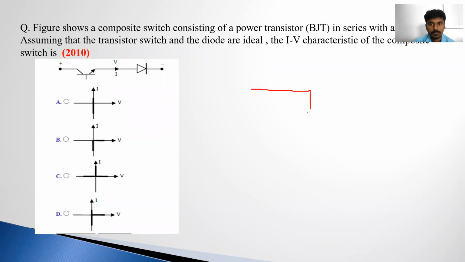Here we have one switch, this is the BJT, and we have one more switch, that's the diode. These are the two terminals, and we are applying the voltage across this circuit.